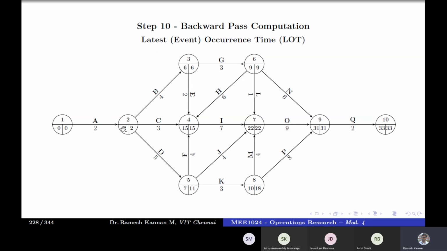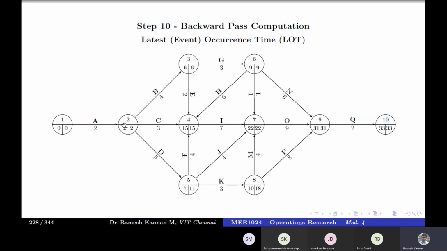But if you talk about this event number 5, which is 7, you can start early at 7, but you can start as late as 11 also. So it has got a buffer time, and similarly the other event has got a buffer time. Okay. Now the problem is we know which are critical events, but we have no idea how to connect these critical events.